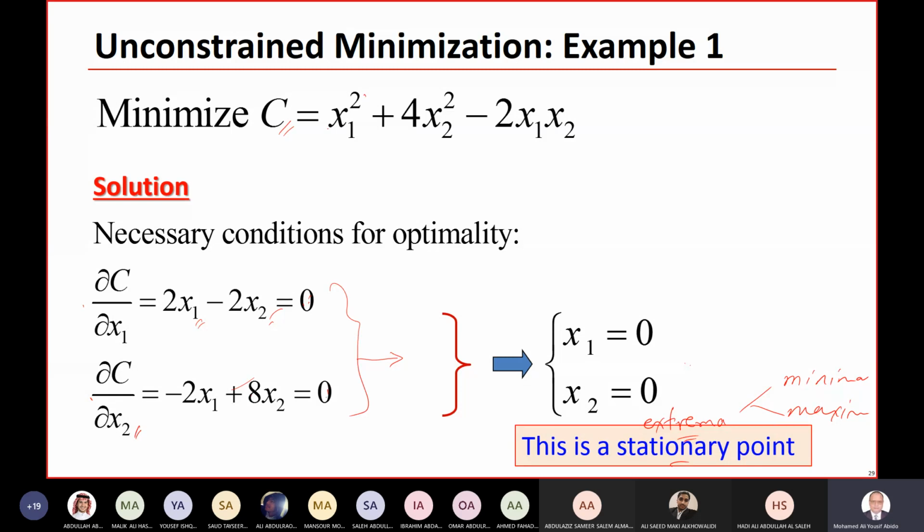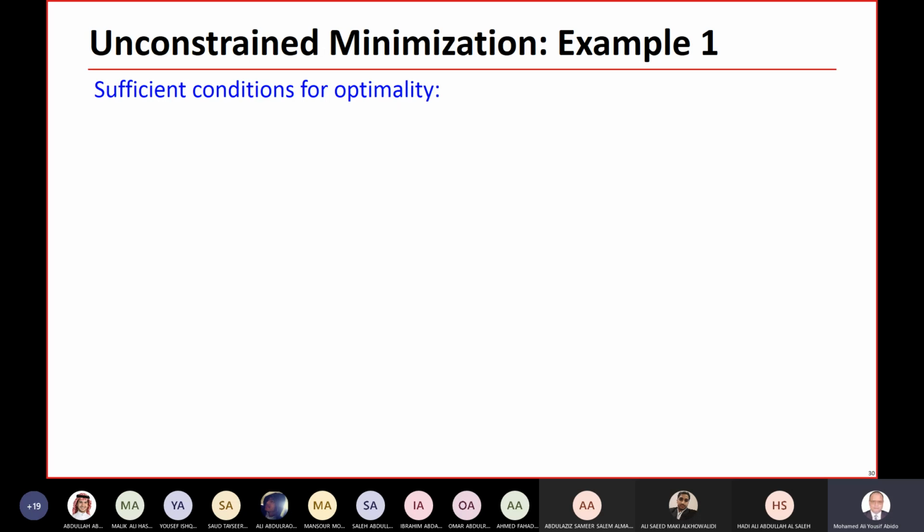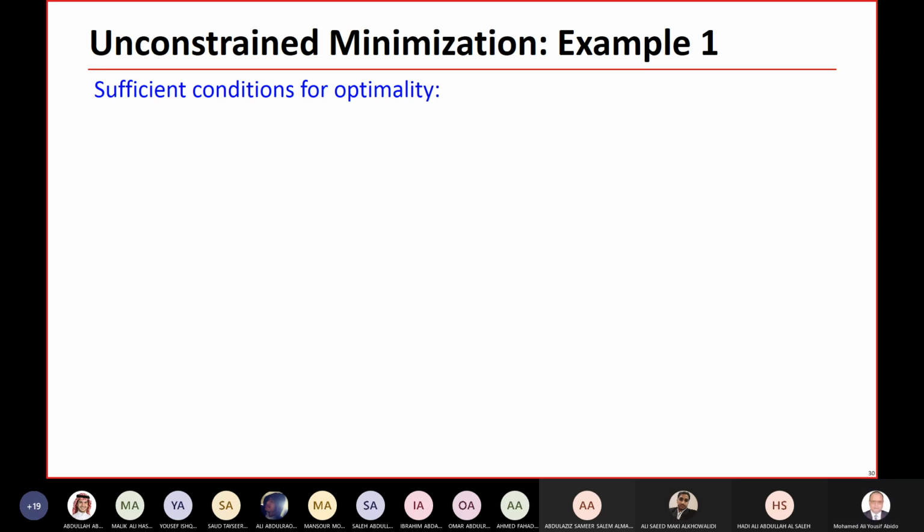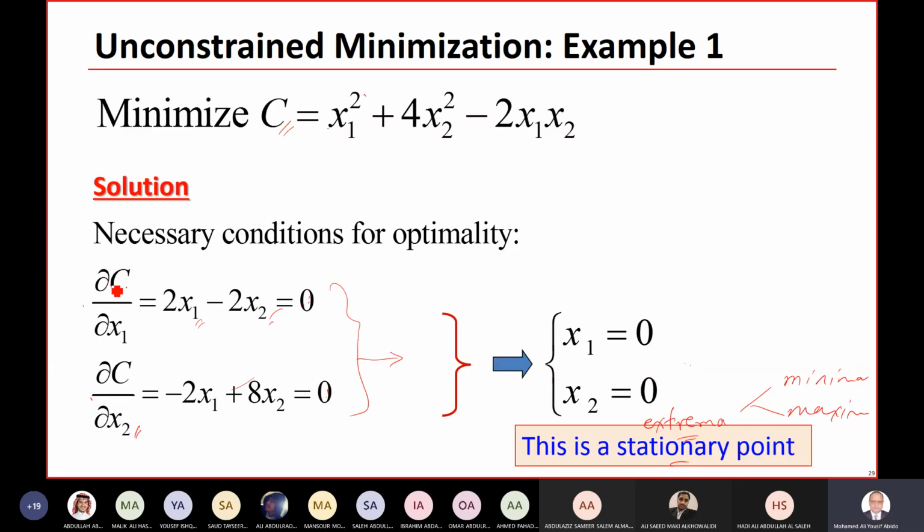What will differentiate? We need to find the eigenvalue of the Hessian matrix, or simply the second derivative as we have earlier. So let us construct the Hessian matrix. The Hessian matrix is very simple. This is partial C by partial x1. We can find partial C by partial x1 square. So you take the derivative again with respect to x1. So this becomes 2, and this term will become 0.